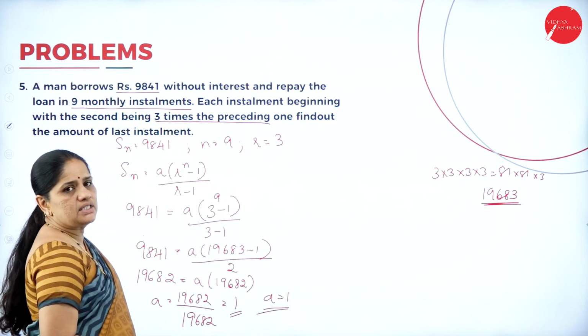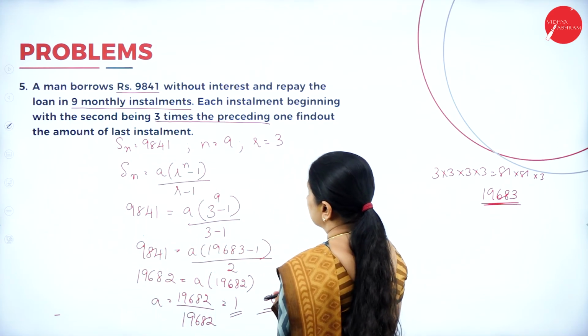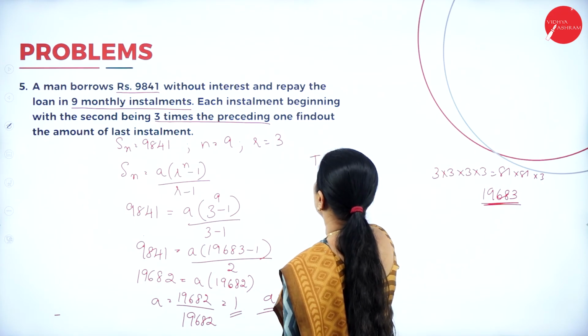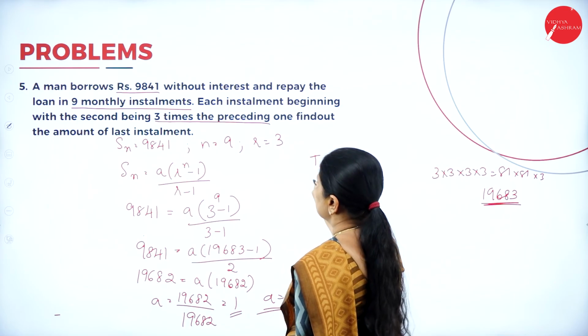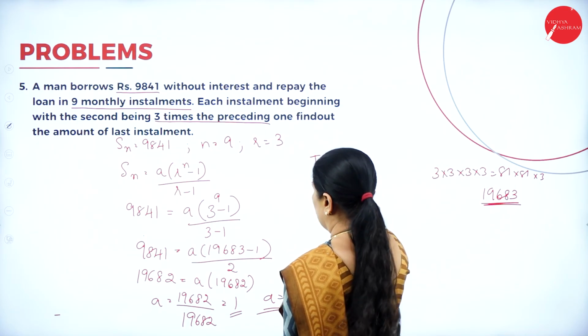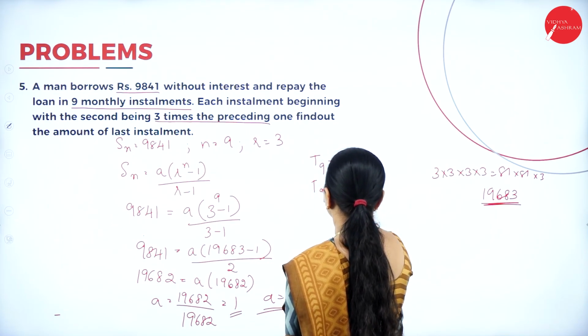So, he has paid just 1 rupee in his first installment, and in the last installment, so this will be equal to T9 equals AR to the power 8. So, T9 will be, so A is 1 into what is R? 3 to the power 8.